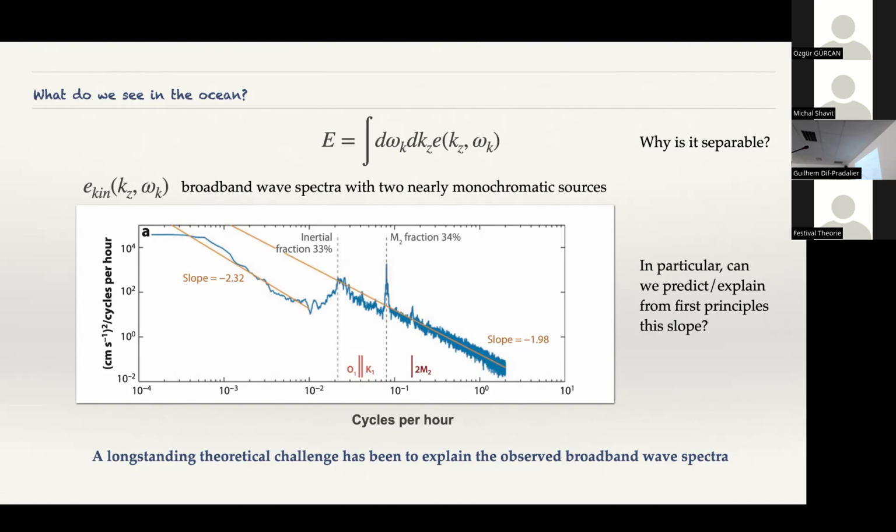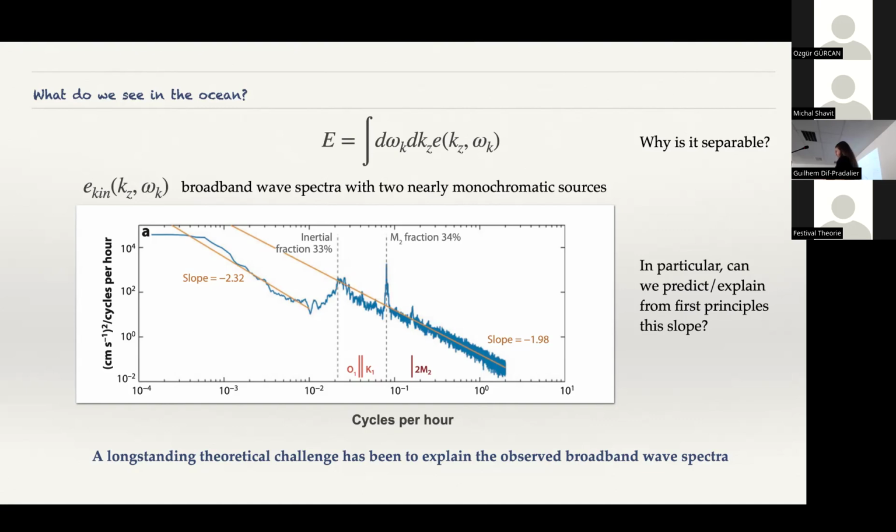In all different places, it's always separable in KZ and omega K. When I asked oceanographers whether it is separable because of the way you measure, or whether there is some fundamental reason for this separability, they said no, it's not because of how we measure, it's really fundamental, but we don't have a fundamental reason for that.